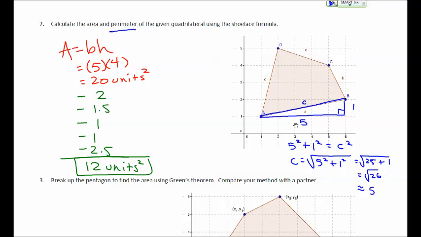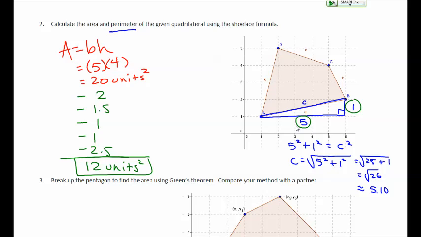So I get 5.10 as the length. Now, a shorter method to this is where I simply take the square root of this number squared and this number squared, which is a lot like the distance formula, which is a faster way to do this.